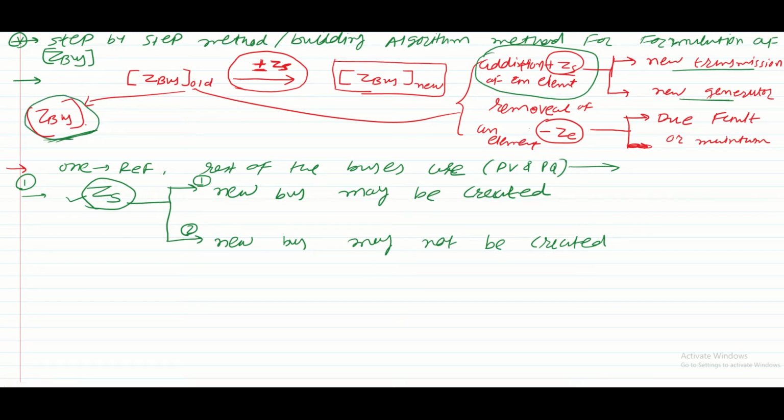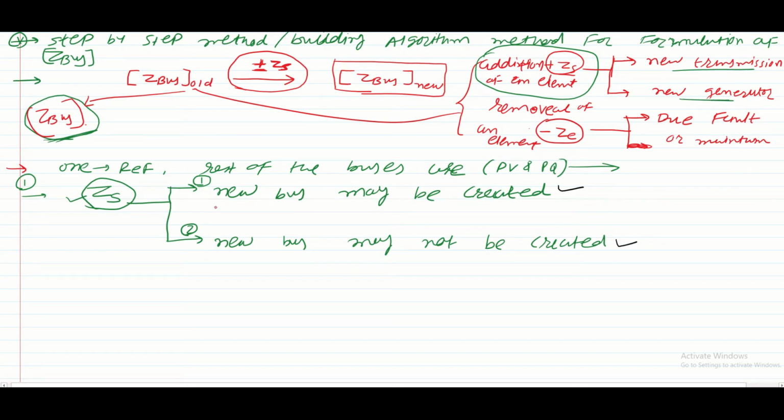Then there are two possibilities. The first one is a new bus is created, and the second one is a new bus may not be created. So let us understand in which case the new bus is created.